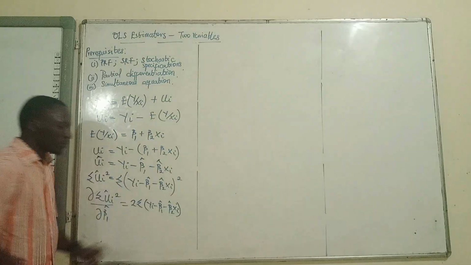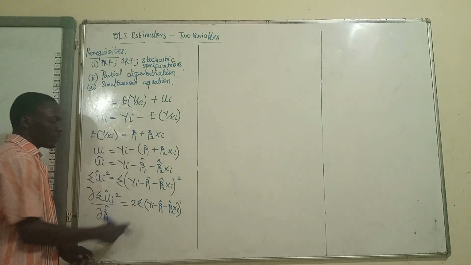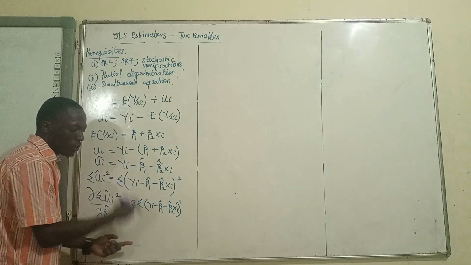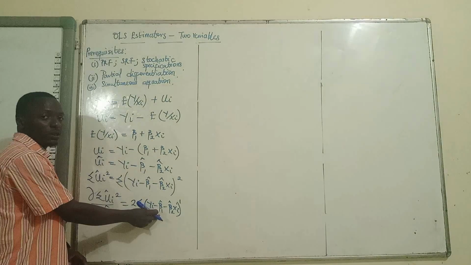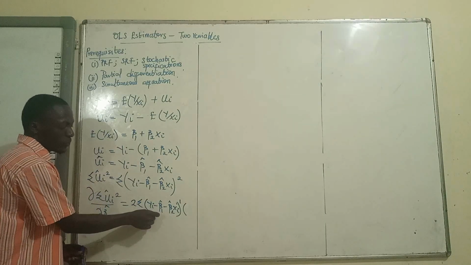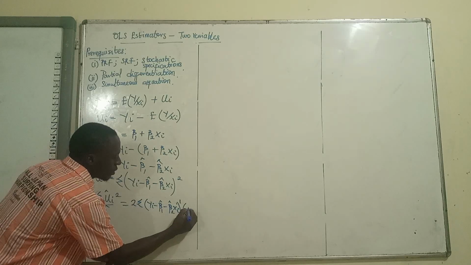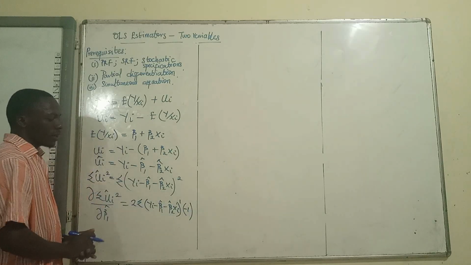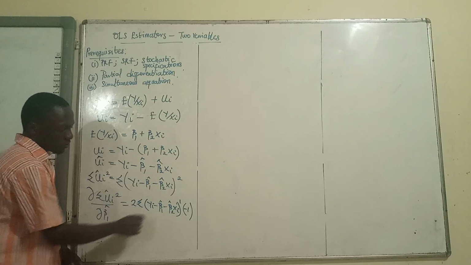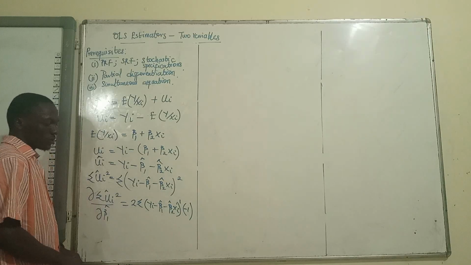You subtract 1 from the power, then multiply by the derivative of everything inside there. Remember, we are differentiating with respect to beta 1 cap, so we take all other parameters and variables as constants. The derivative of everything inside with respect to beta 1 cap will simply be minus 1.